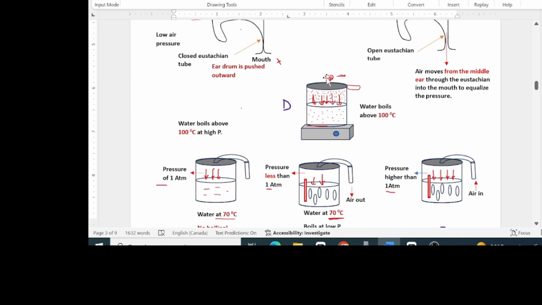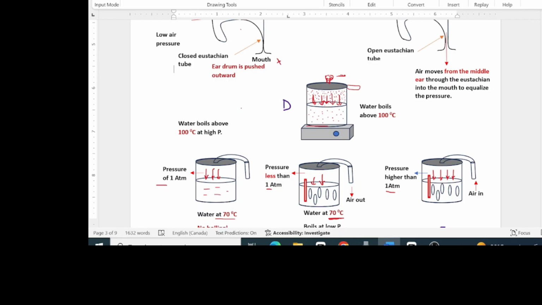That could have caused a big accident, because if all that steam had accumulated inside here, eventually the pressure cooker would have burst and caused a big accident. So this is something that is related to atmospheric pressure and the applications of atmospheric pressure, and why pressure cookers are indispensable to people living in mountainous areas.